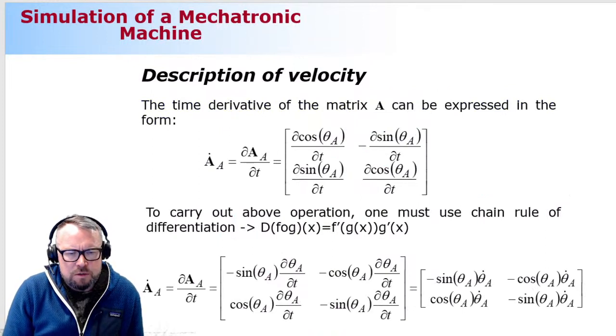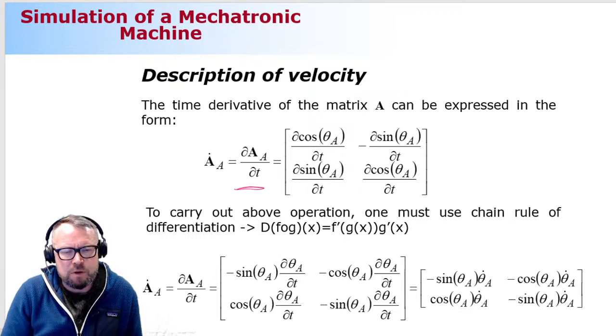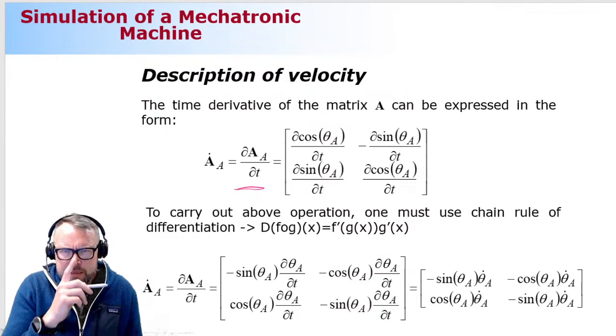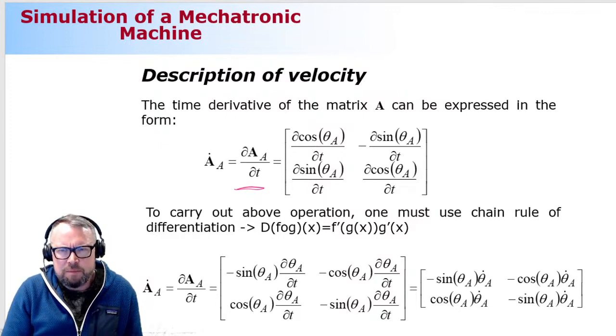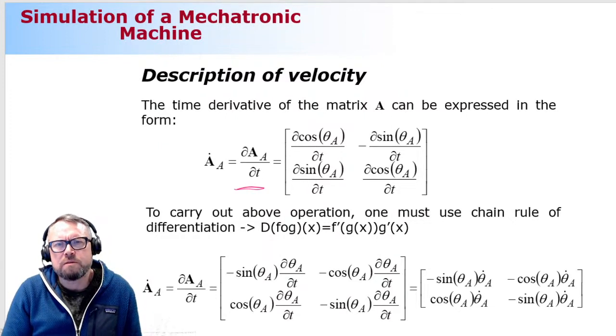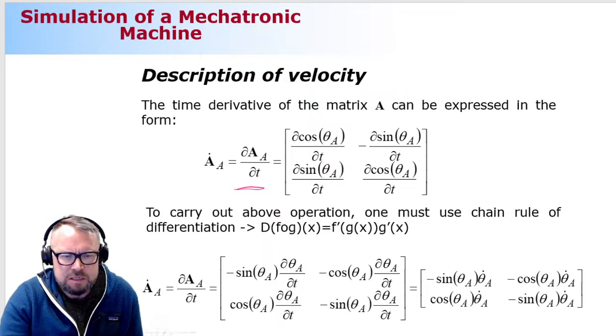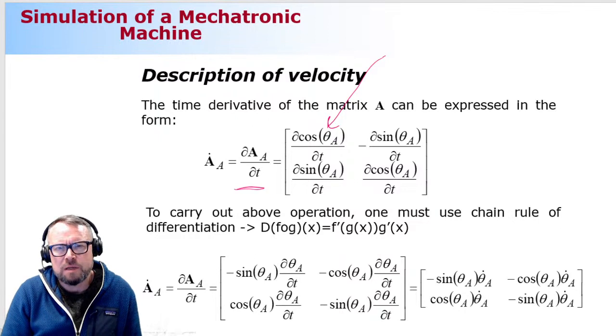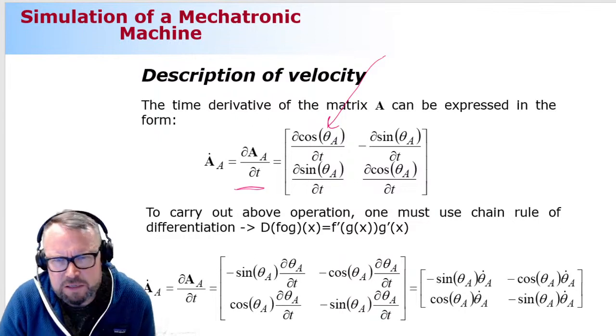Okay, so the rotation matrix dot is equal to the derivative of the rotation matrix with respect to time. Now we need a little bit of mathematical skill, and we need to use the chain rule of differentiation, because time is involved in this rotation angle theta, but not explicitly in this equation.